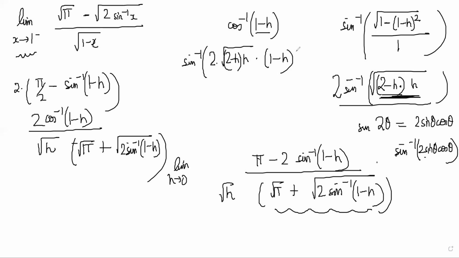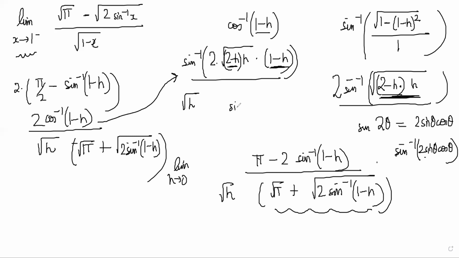So this thing has become sine inverse of this. And there is a root h also. Now notice that this part is tending to 1, and this part 2 minus h is tending to 2, right?